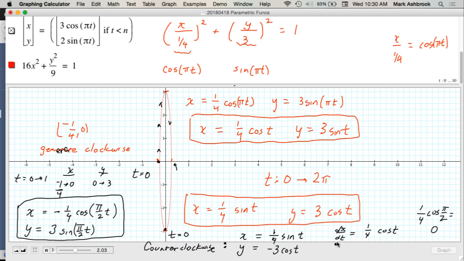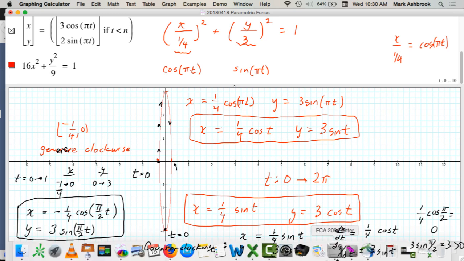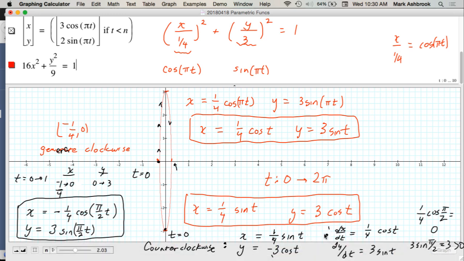So let's do it. dy dt is positive 3 sine t, and we're looking at pi over 2, 3 sine of pi over 2, greater than 0, right? So the rate of change is 3, meaning for a change in t, your change in y is 3 times as great as the change in t. And that's a positive increase, right? Okay.